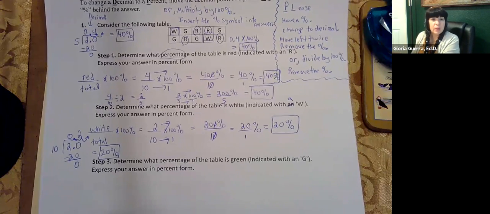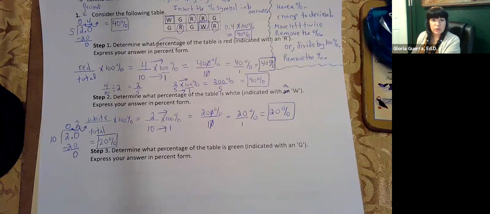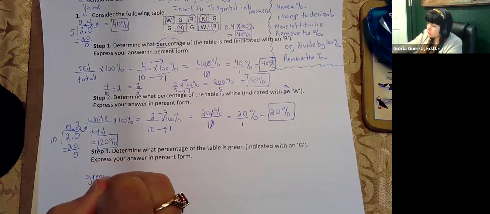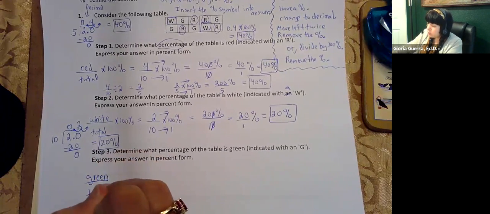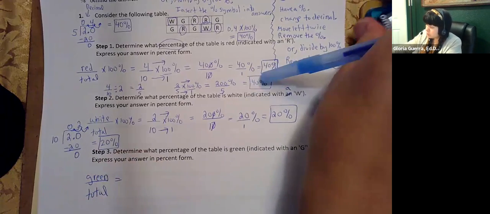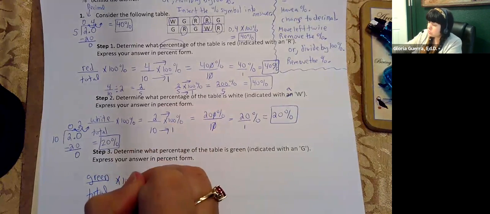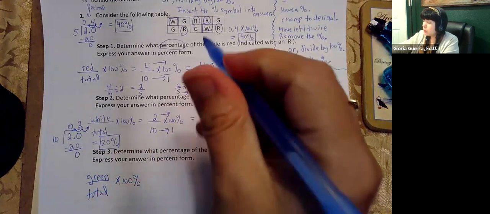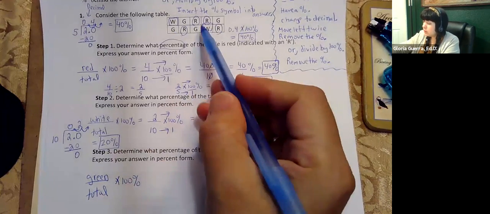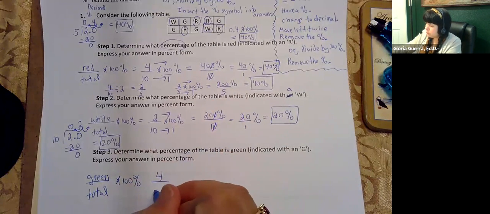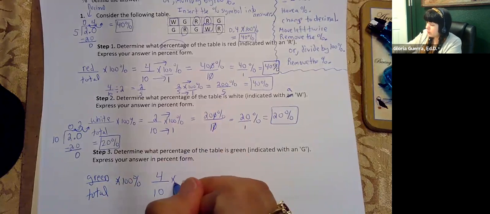And at step 3, I won't do it fully because it's actually going to be a repeat of step 1. It just so happens that you're determining what percentage of the table is green, and that is green over total, times 100%. If you look at your green, there's 1, 2, 3, 4. There are 4 green markers, and the total is 10, times 100%.